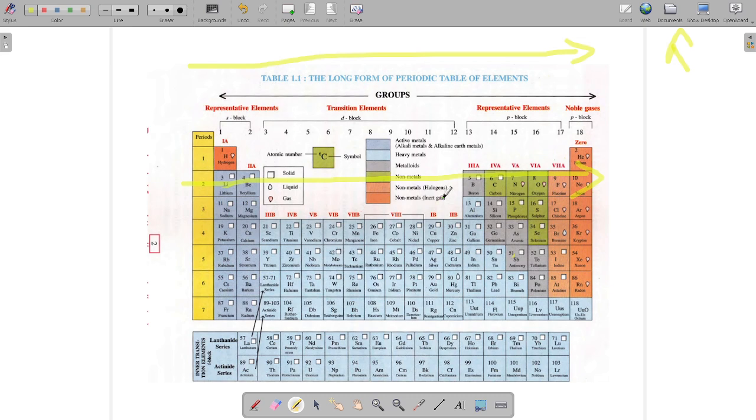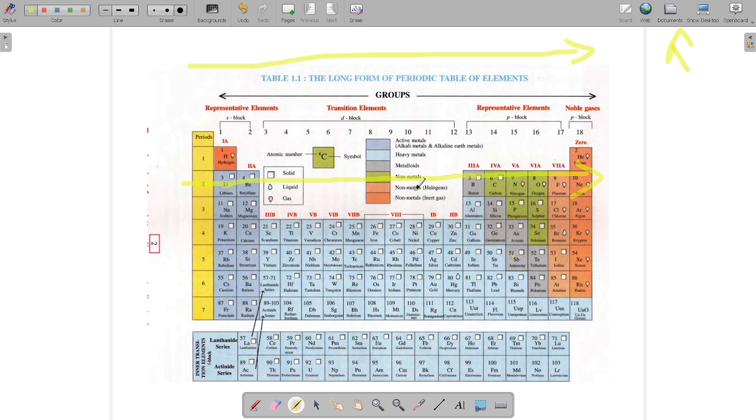As we move from left to right, we are able to see that the nuclear charge also increases. As the nuclear charge increases, the attraction between the nucleus and the last electron will also increase.